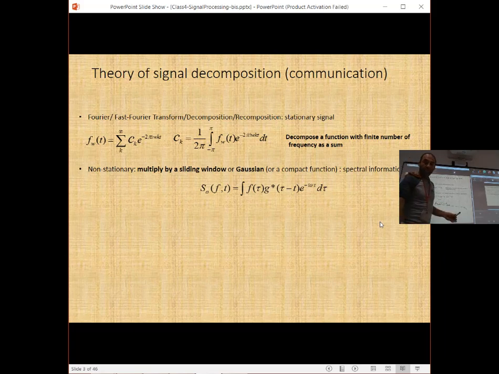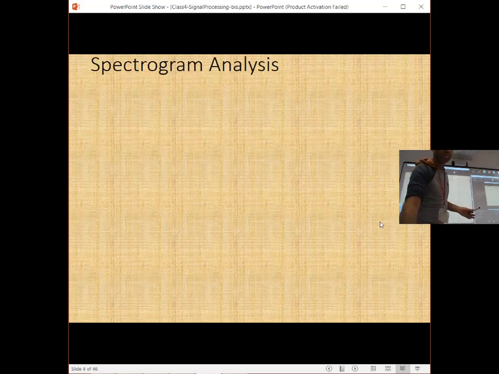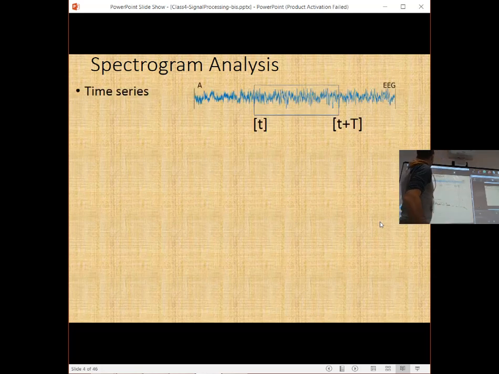And so this is the basis of it: you have a signal, you take a sliding window, and on this sliding window you do a Fourier transform. You all know what a Fourier transform is, right? You take your signal x of t, multiply by e to the minus i omega t, dt, and you integrate.